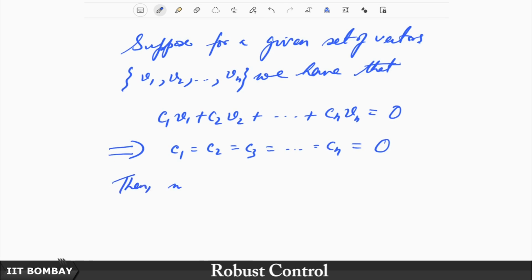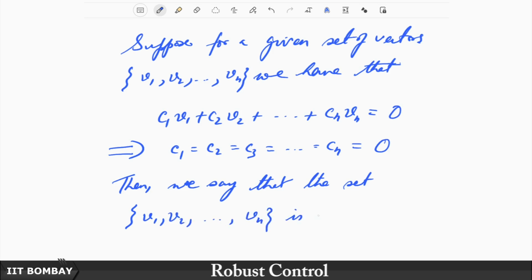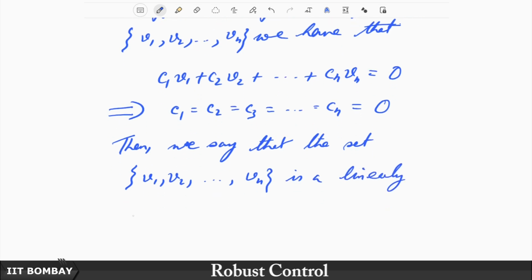Then we say that the set v1, v2 till vn is a linearly independent set.